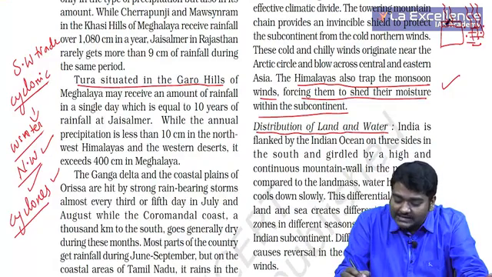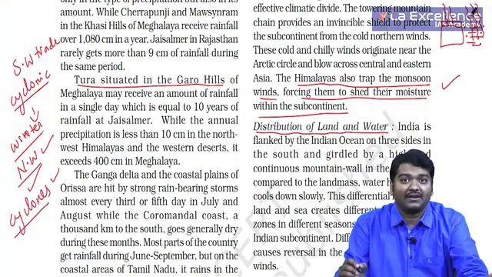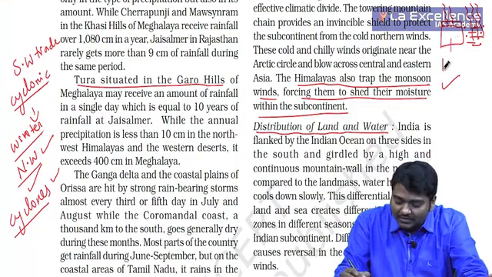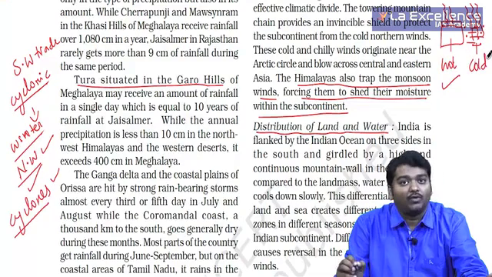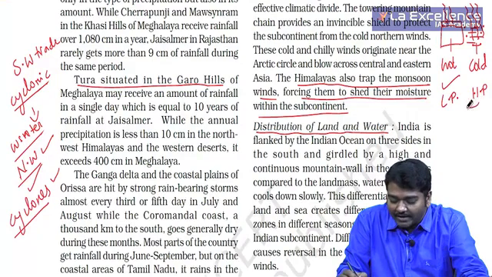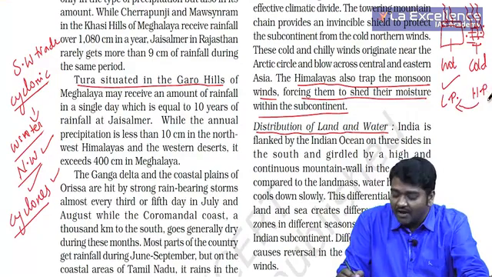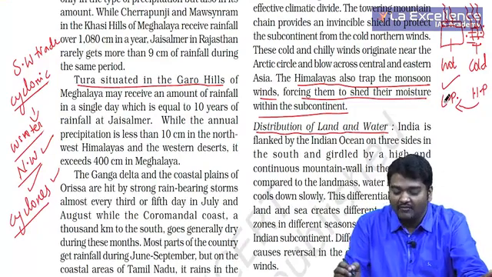So less area gets more sunlight and more area gets less sunlight. Due to this, land will be hotter and ocean will be cooler. Hot means low pressure area, cool means high pressure area. Winds blow from high pressure to low pressure. The meaning of this is that winds blow from ocean to land and give heavy rainfall.